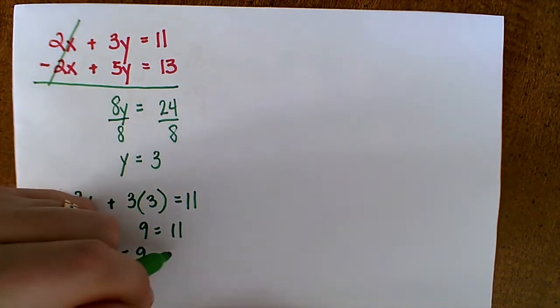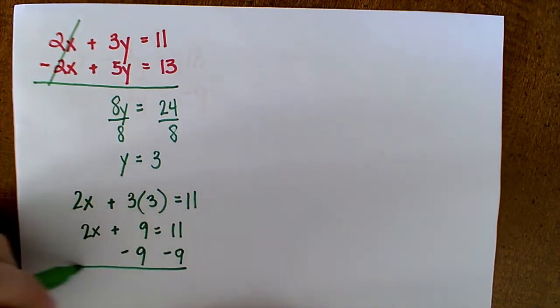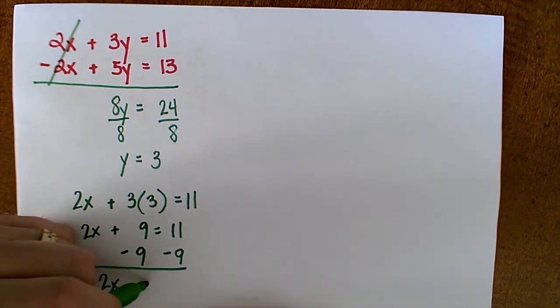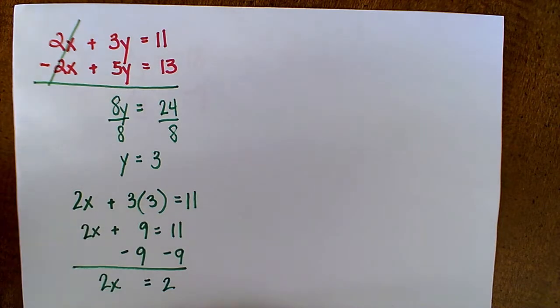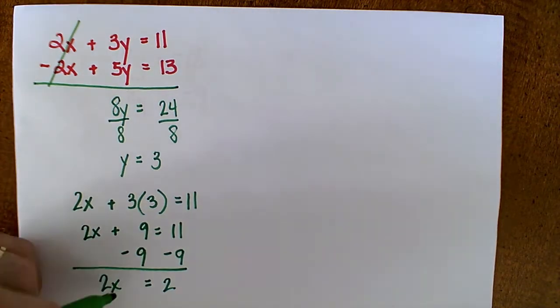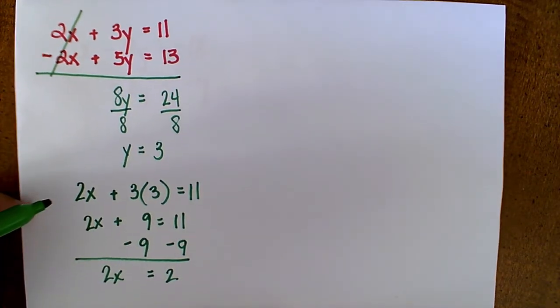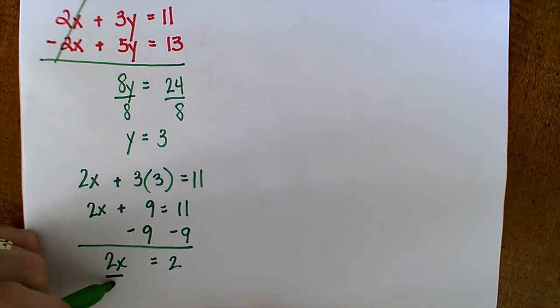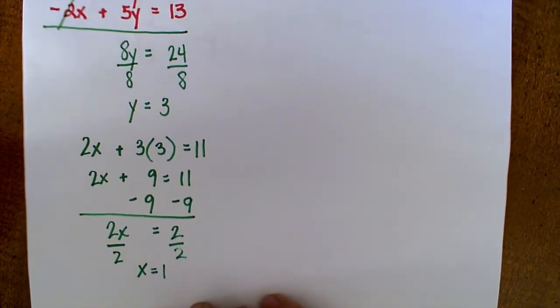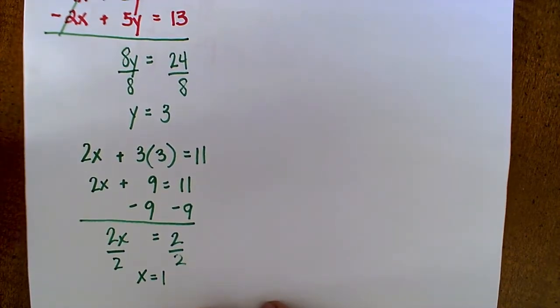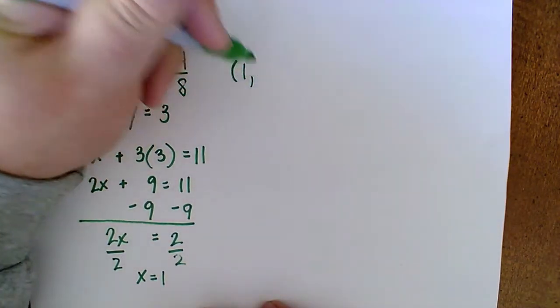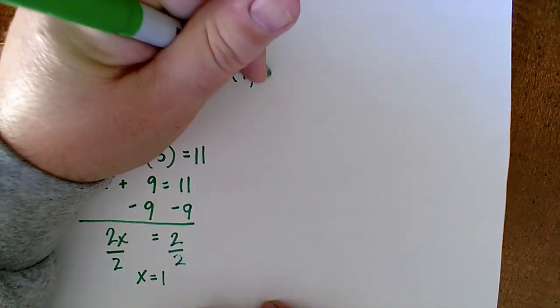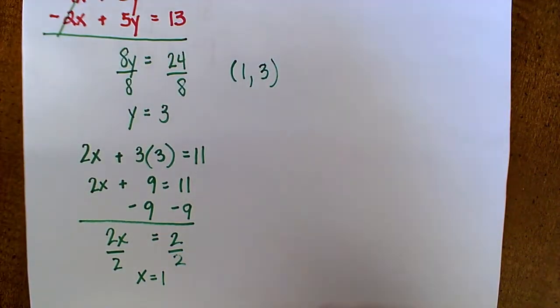Minus 9, minus 9. 2x equals 2. And when we divide by 2 and divide by 2, we're going to get x equals 1. So our solution is going to be 1 comma 3. That's our x and that's our y.